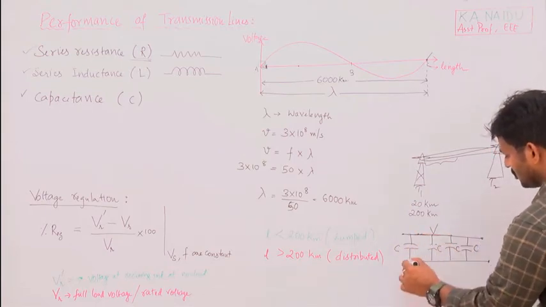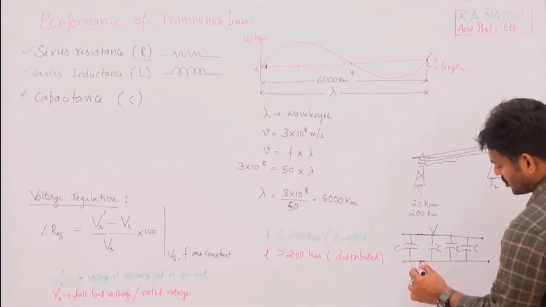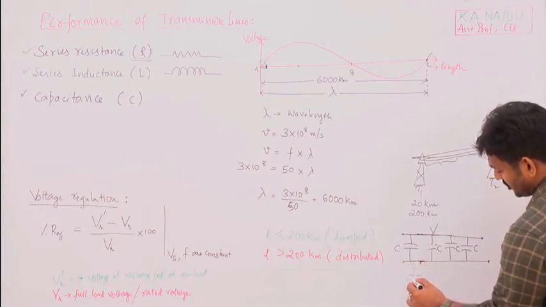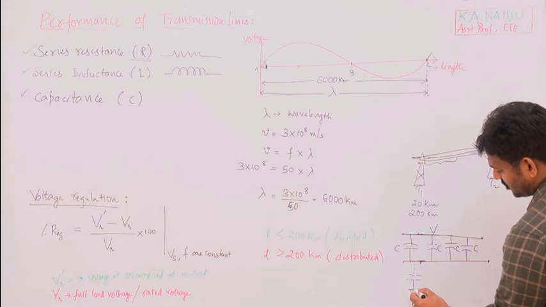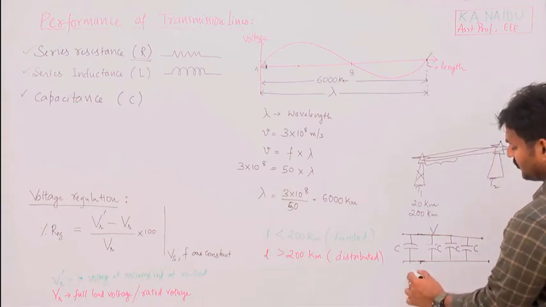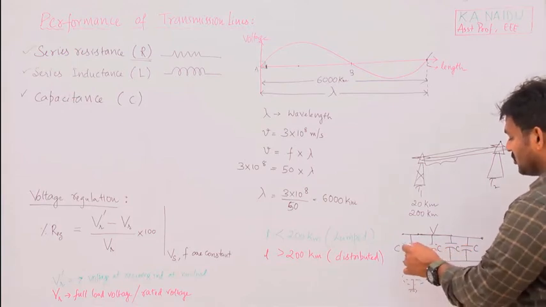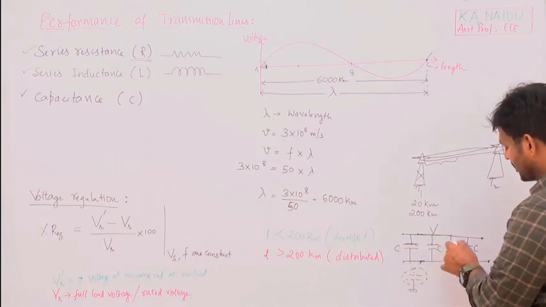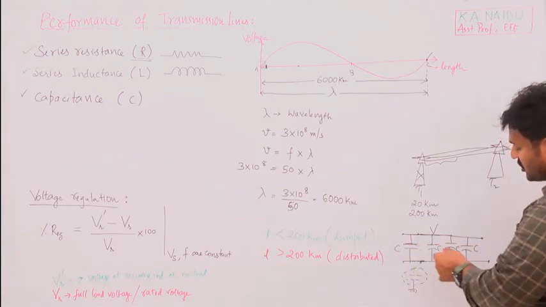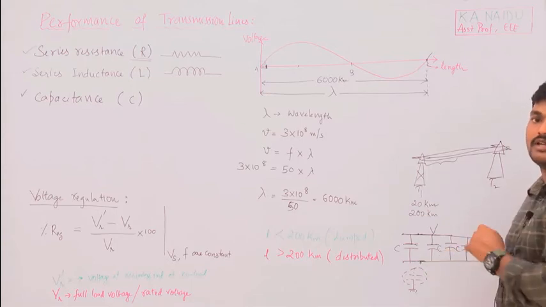Now there can also be a capacitance between the high voltage line and the ground also. But as of now we are neglecting this effect of ground. So here you can see there are a number of capacitors that are connected in parallel and are distributed throughout the length of the line.